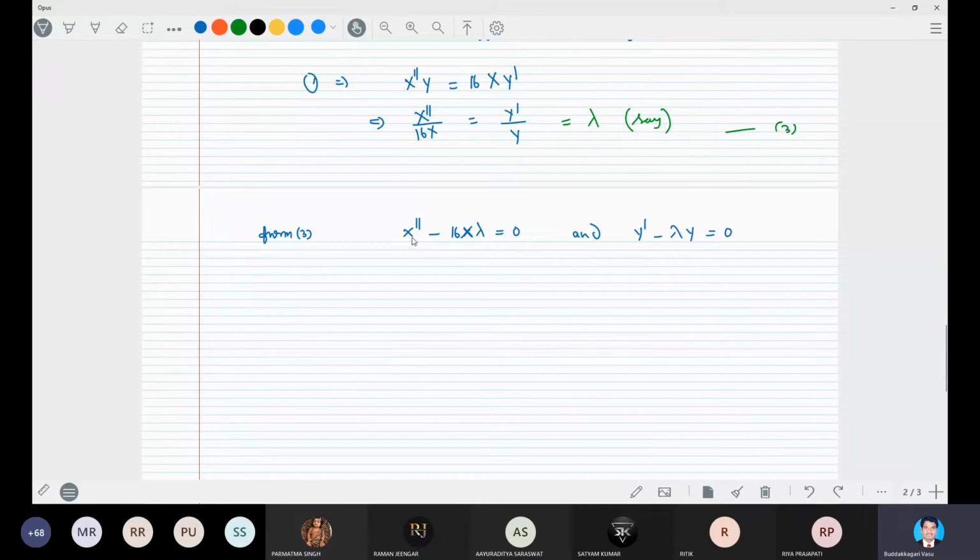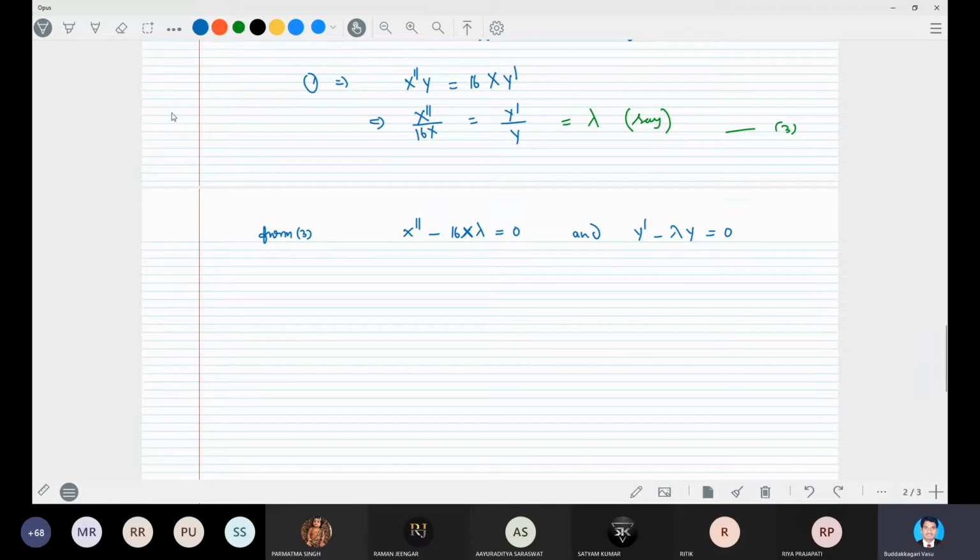One is X double dash minus 16 X lambda is equal to 0, and another one is Y dash minus lambda Y is equal to 0, right? So now we've seen that here lambda is any constant being assumed. These two individual independent functions are equal, means they are equal to some constant.